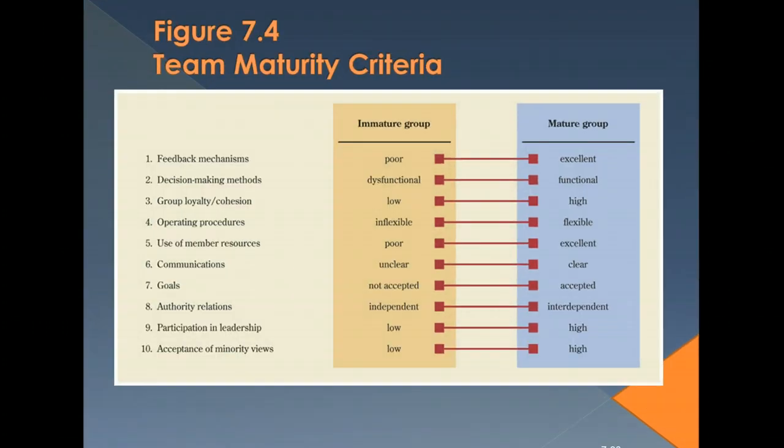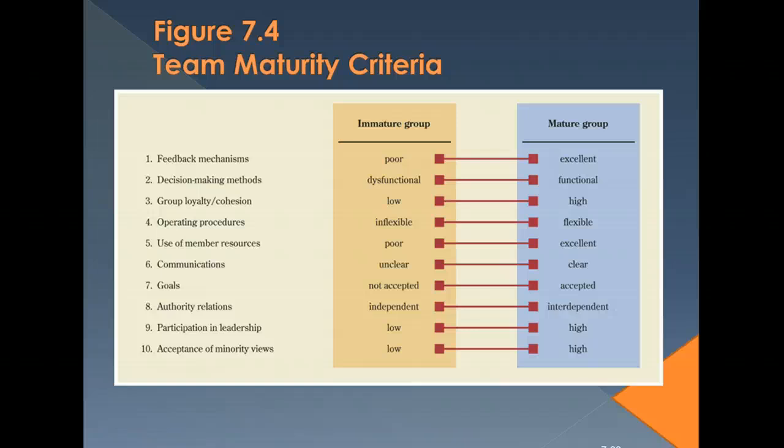If you want to look at, is the group immature or mature? This chart's basically looking at if you scale high on it, you're more mature. If your feedback mechanisms are working and are excellent, it's a more mature group that has got this worked out and settled.